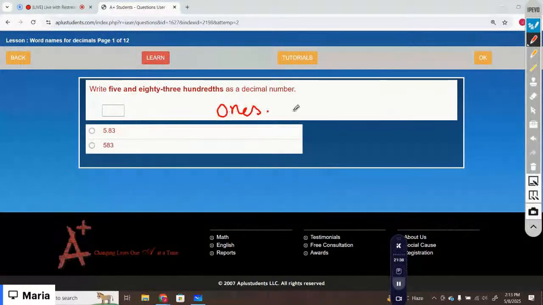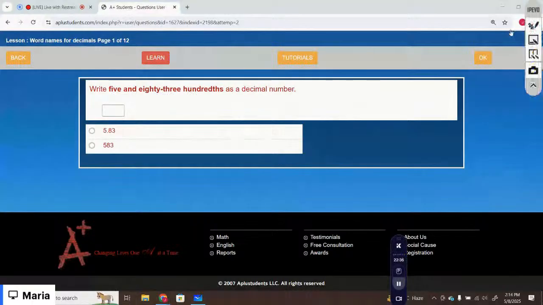Write 5 and 83 hundredths. So let's make a place value chart. That is ones, then we have tenths, then we have hundredths. 5 is the whole number, so that is 5 and 83 hundredths, so that is 5.83.